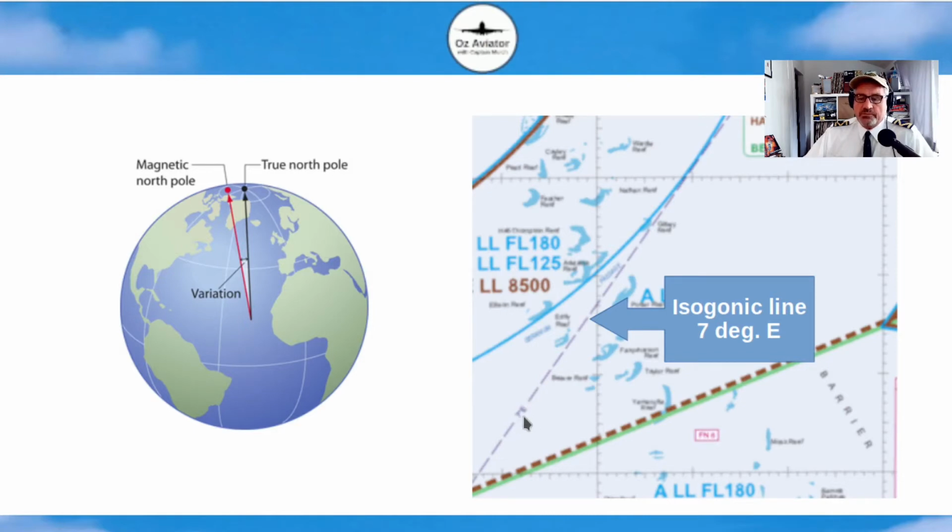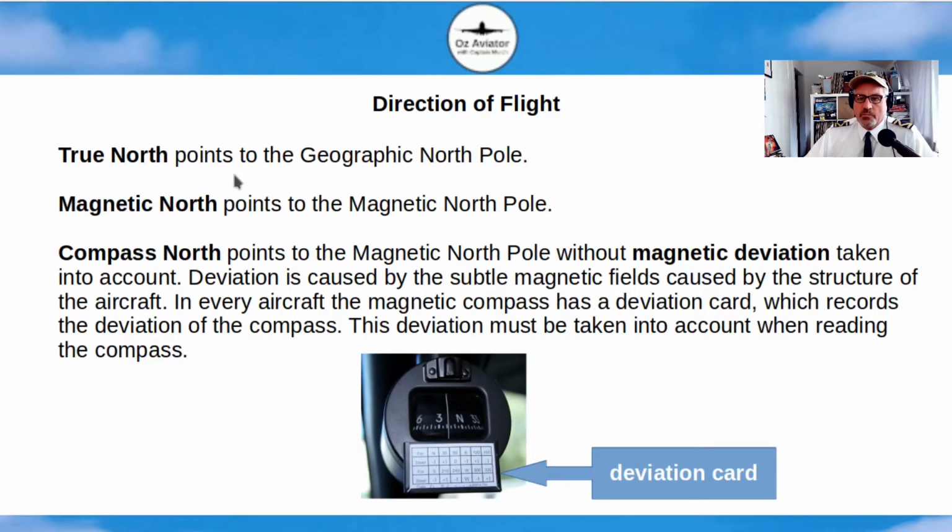This one, for example, has 7 degrees east, which means that your magnetic variation, it varies over the different parts of the Earth, but in that area, your magnetic variation is 7 degrees east. So true north is the geographic North Pole. Magnetic north is the compass pointing to the magnetic North Pole.